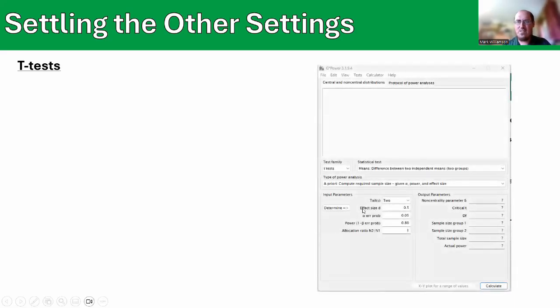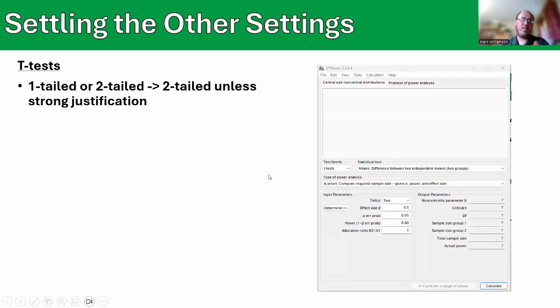So in a t-test, one of the other input parameters is tailed, so whether one or two tailed. And I typically set this as a two-tailed test unless you have a strong justification for a one-tailed test. A two-tailed test will take more samples, but it tests in both directions, so it's a little bit more justifiable.